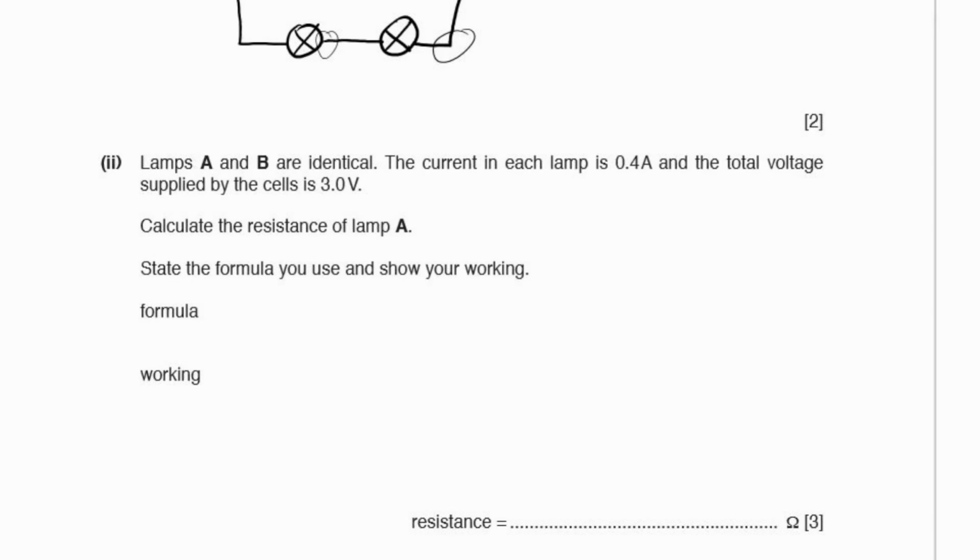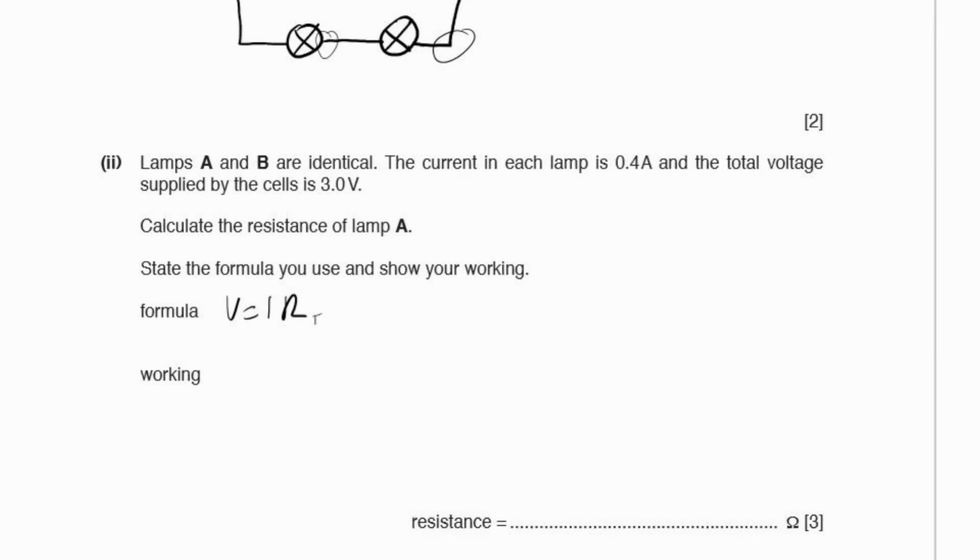Lamps A and B are identical. The current in each lamp is 0.4 amps, and the total voltage supplied by the cells is 3 volts. Complete the resistance of lamp A. Ooh, okay. Well, first of all, we know that V equals IR. And we're just going to find the total resistance first.